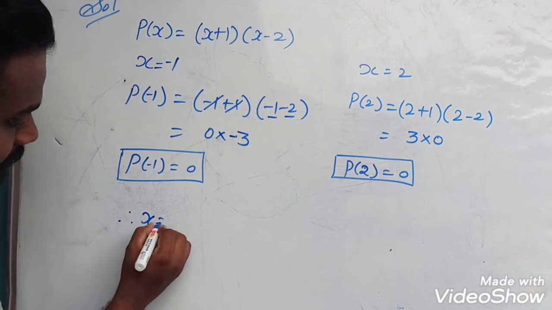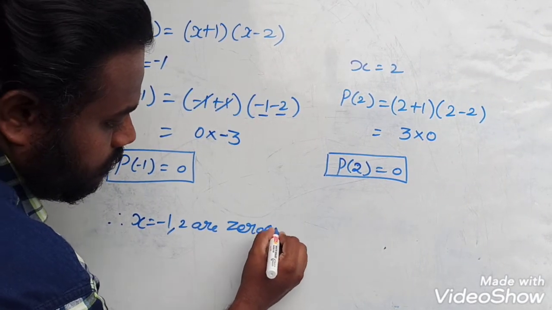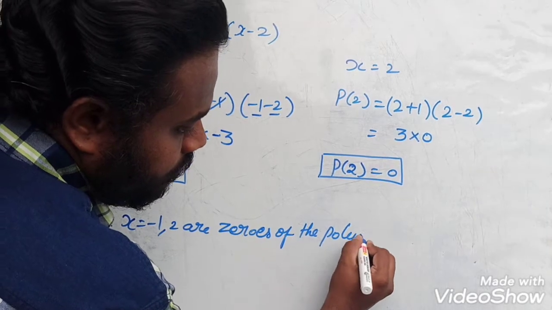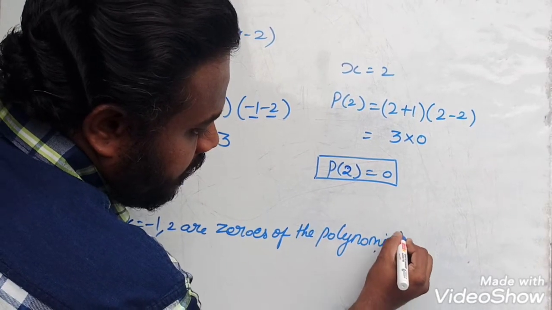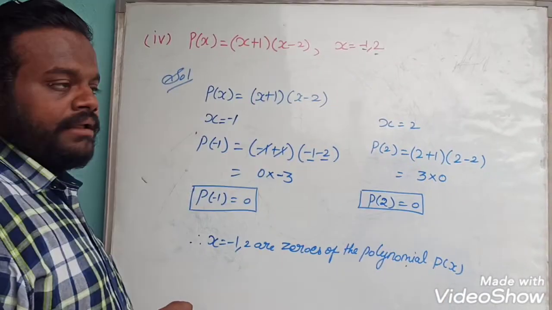Therefore x equal to minus 1 and 2 are zeros of the polynomial P of x.